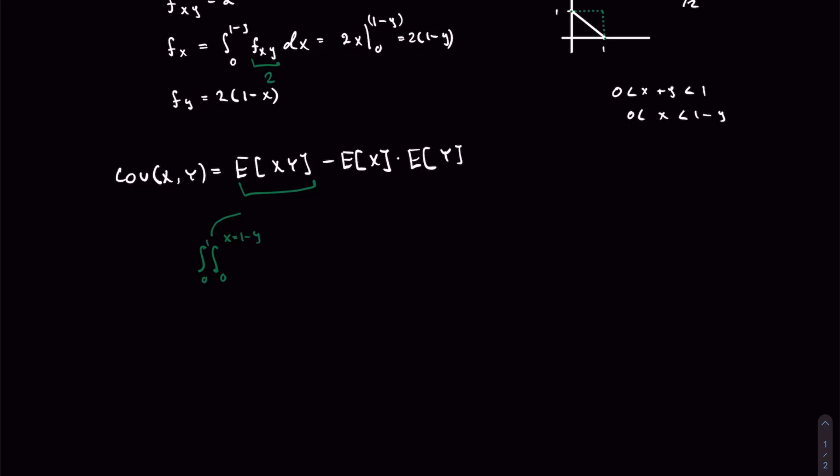So basically, we're operating in two dimensions where we first integrate over x, and then what remains is 0 to 1. Then we have x, y, and the PDF we just calculated to be 2, dx dy.